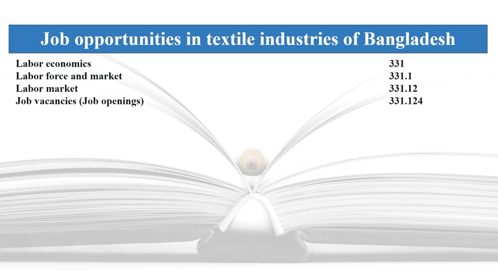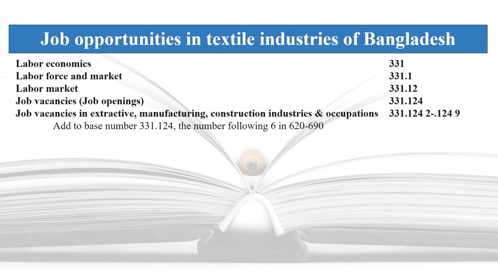Now here is the twist. There are two types of job opportunities as described in the Dewey Decimal Classification. One is extractive and the other is non-extractive, or manufacturing. As you know, textile is a manufacturing industry, so we have to opt for 331.124 2 to 331.124 9, where the add instruction is there: add to the base number 331.124 the number following 6 in 620 to 690.